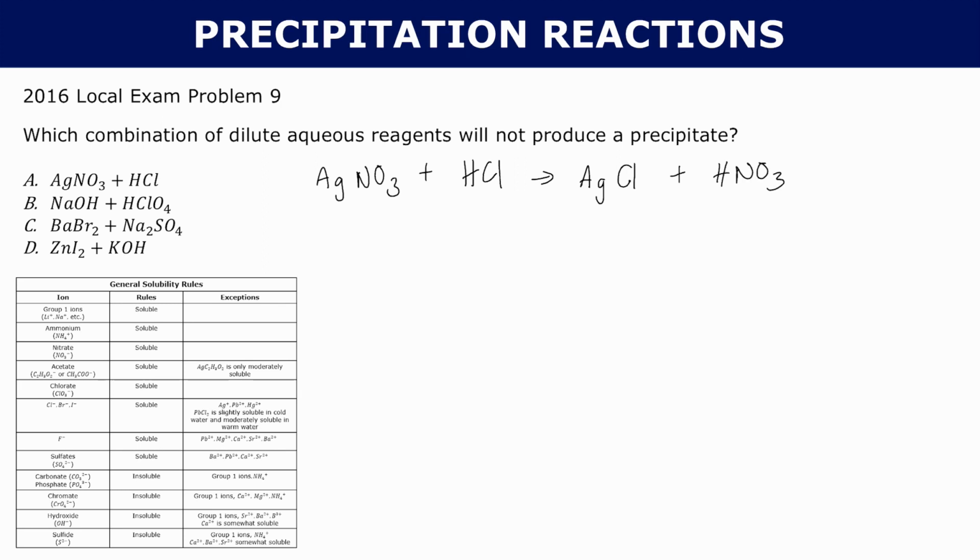If you look at nitrate here, nitrate is always soluble and there are no exceptions. So the nitrate here is going to be aqueous. But if you look at the rules for chloride here, they are right here. They're going to be soluble unless they're with silver, lead, or mercury, and we have silver here. So that means this is going to be solid. And therefore we do produce a precipitate here, and that means A can't be the right answer.